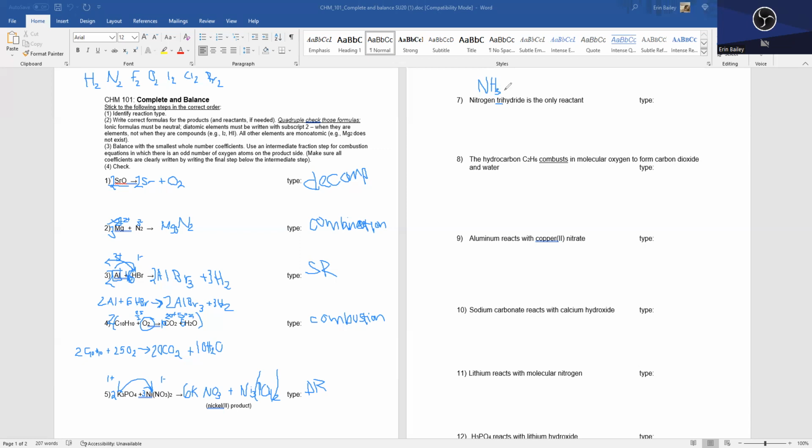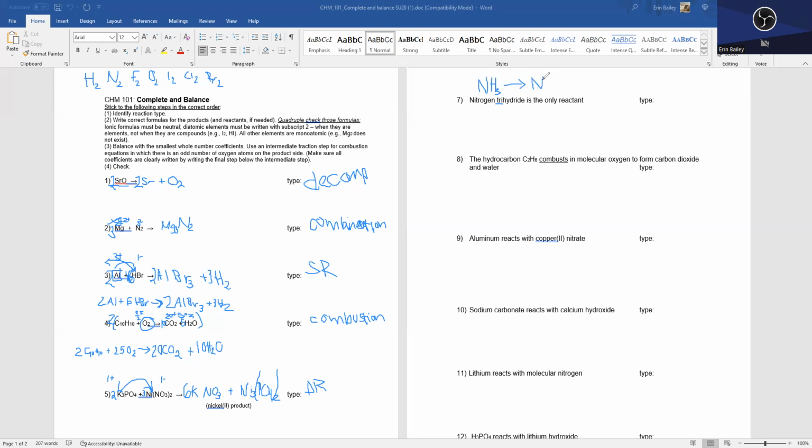You take off the gen from hydrogen and put IDE to signify that it is a compound. And it's going to be the only reactant. So this means that the only thing that it could do is break apart.